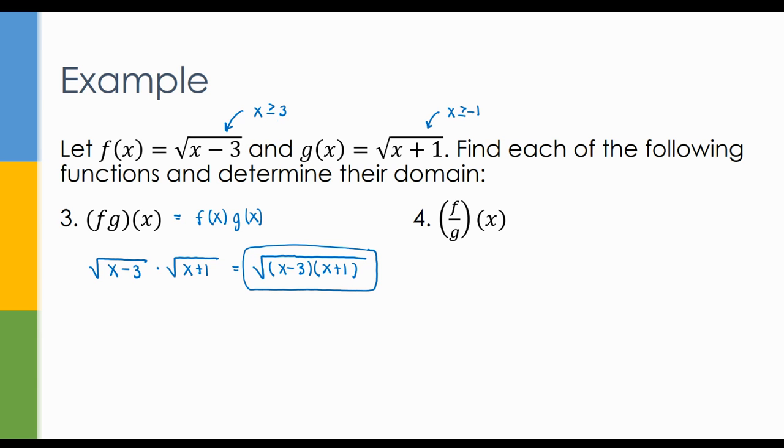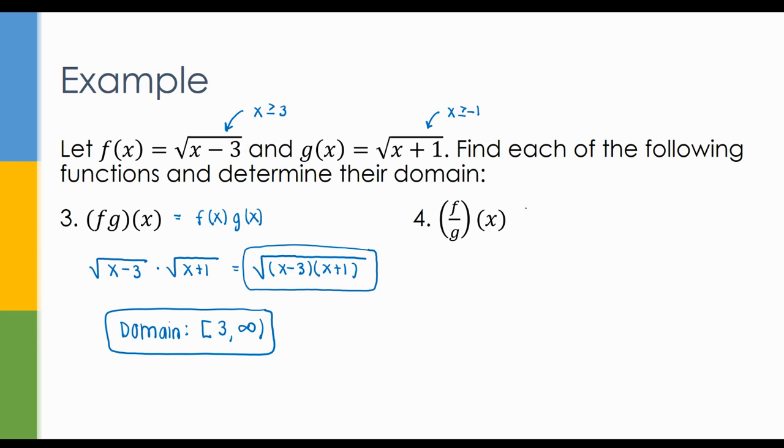So 3 is the first number that works for both, because originally for the f of x I couldn't plug in -1, since I'd have a negative number underneath. Even though -1 works in the product because it would turn to 0 there, it doesn't work originally in the f of x. So just like our other domains, we keep 3 included, up to positive infinity.